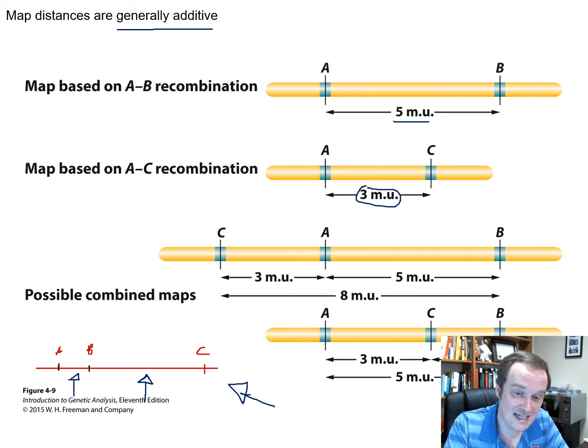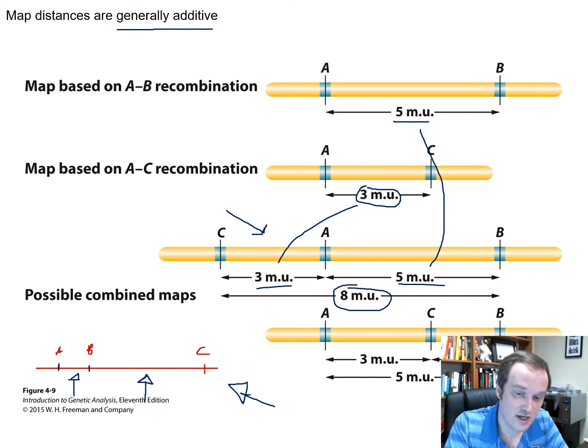So gleaning this information, we have two possible outcomes because they're additive if they're on the same chromosome. Either A could be in between C and B, and so we'd have that 3 map units from here, and we'd have that 5 map units from here, and we'd have a distance between C and B of 8 map units.